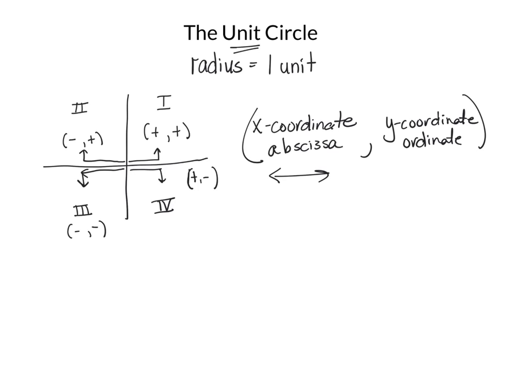With that in mind, we're going to see also that our x is going to be associated with the cosine function and our y with the sine function. I always have a lot of students ask, how do I keep those straight? The easiest way I know is just as x and y are alphabetical, cosine and sine are alphabetical. So if you can affiliate the x with the cosine and the y with the sine, I think that's the easiest way I can think of to keep those straight.